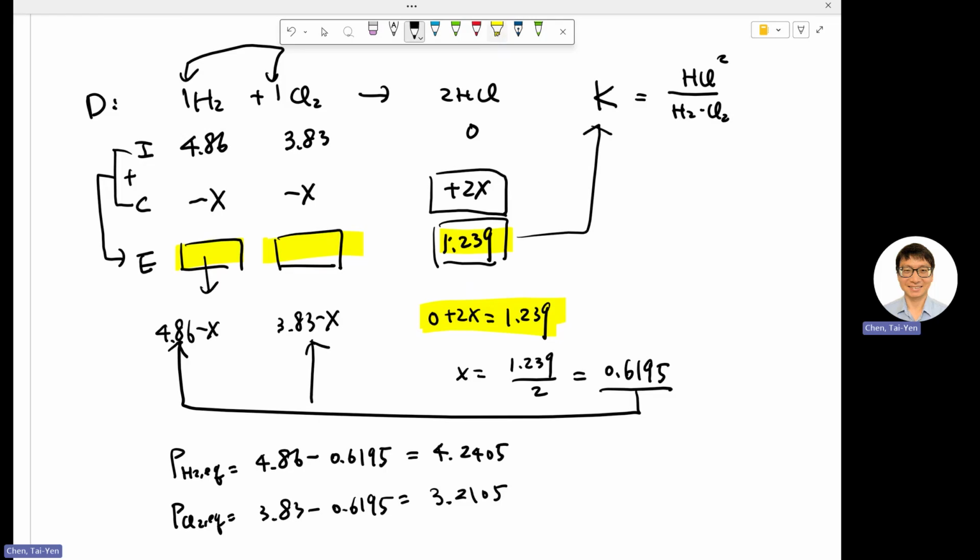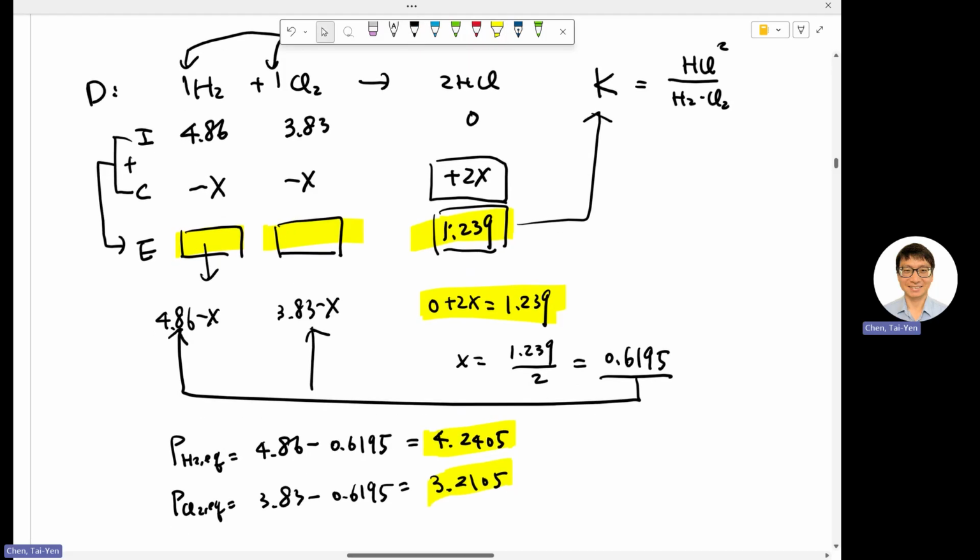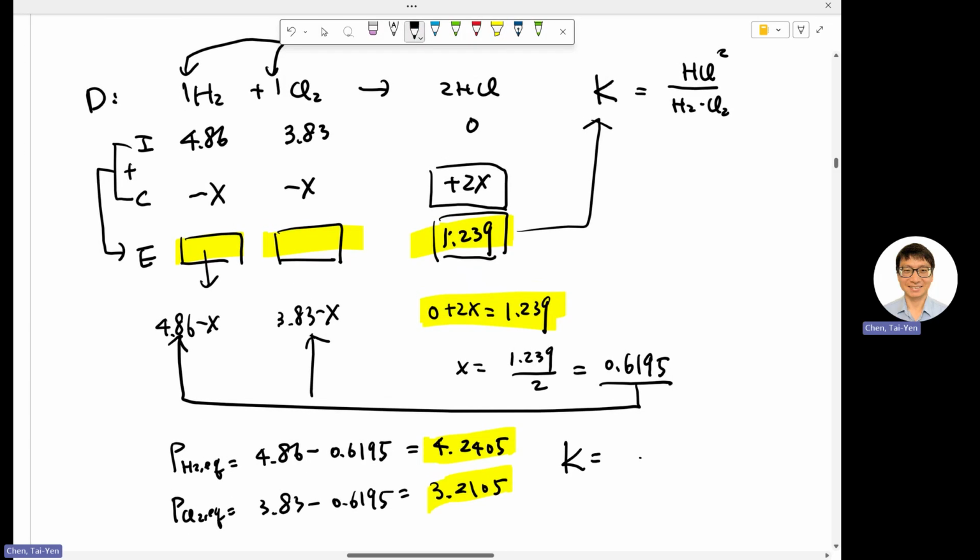Then you use these three numbers to calculate your K. Your K is going to equal 1.239 squared over 4.2505 times 3.2105.